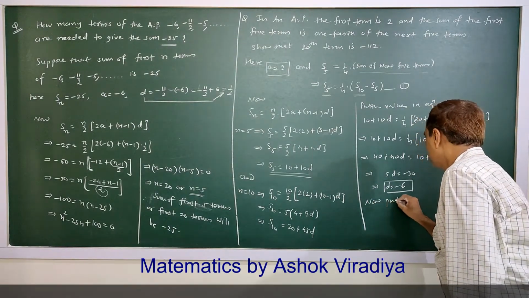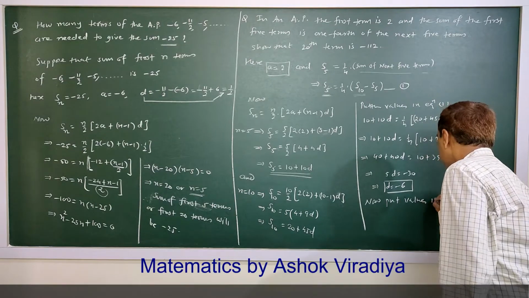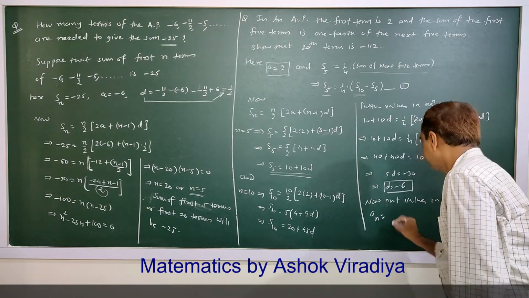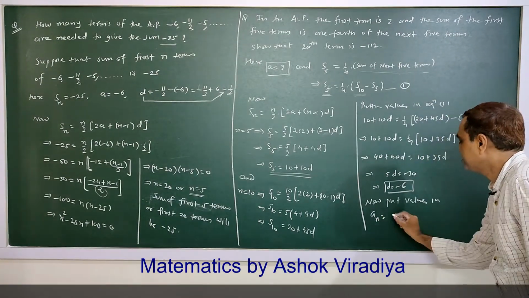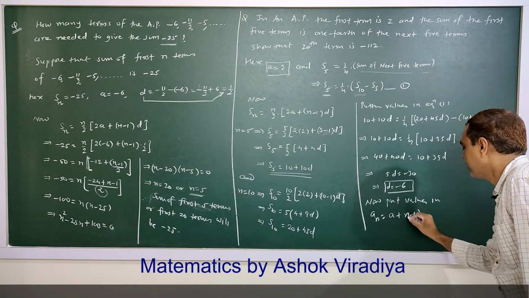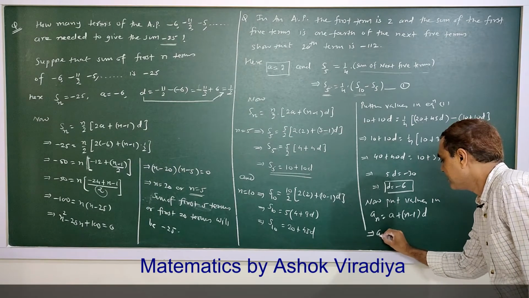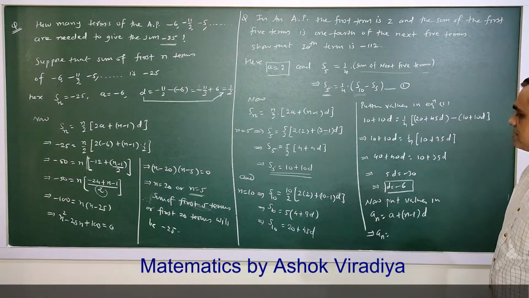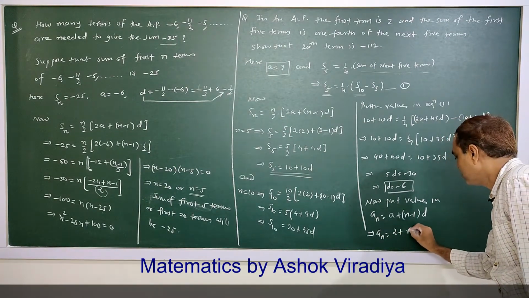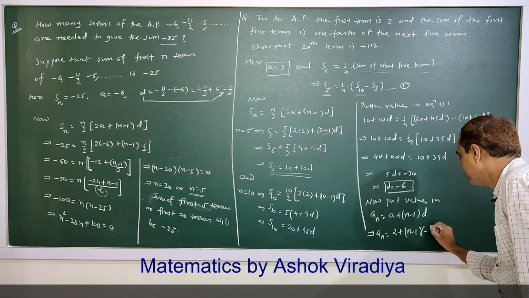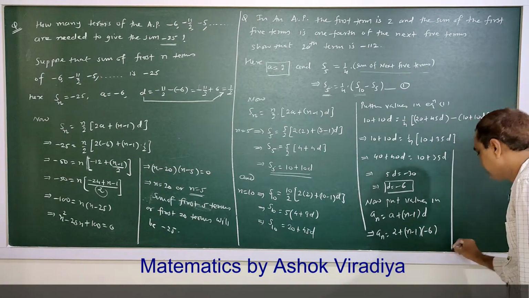Putting these values in the formula for an, an is a plus n minus 1 into d, that is 2 plus n minus 1 into minus 6.